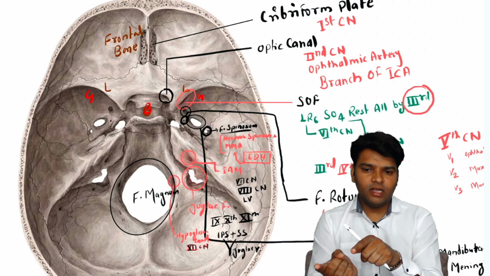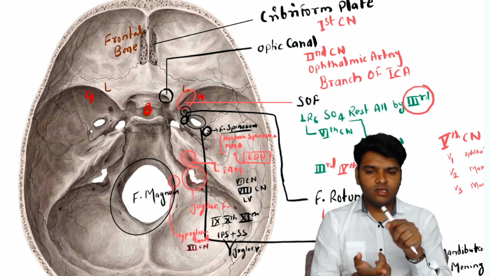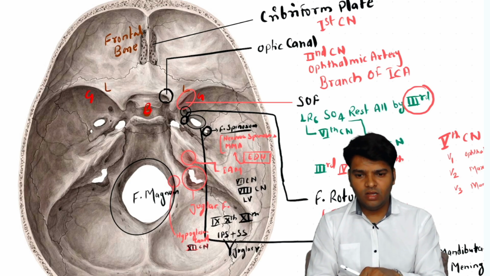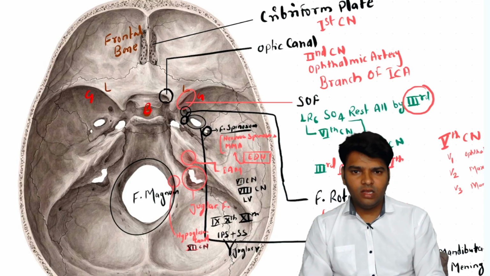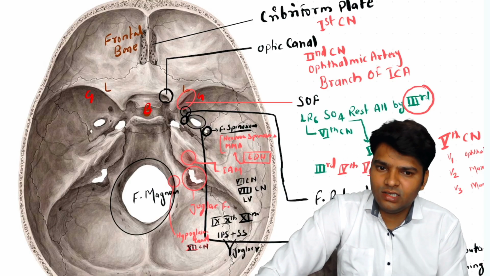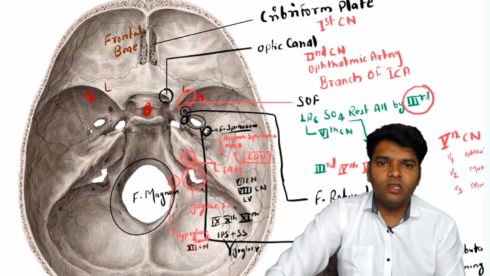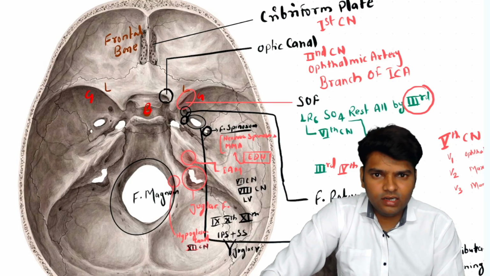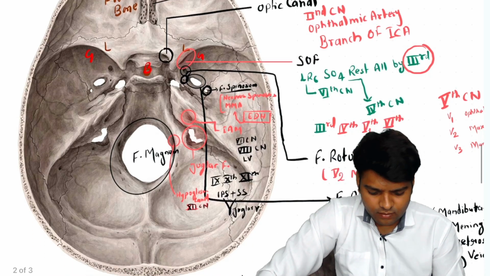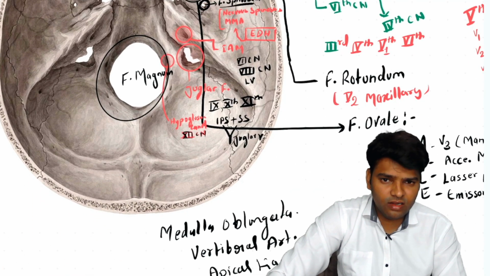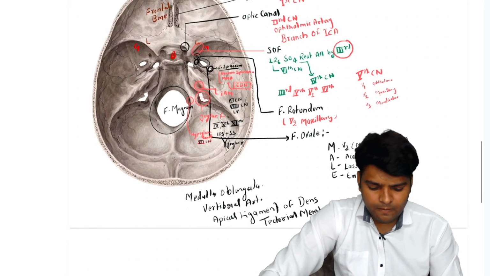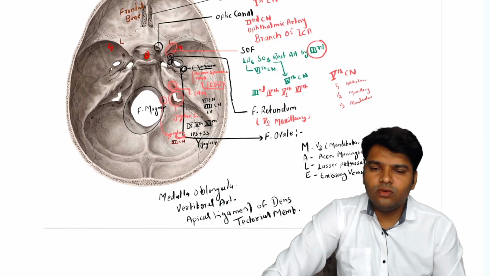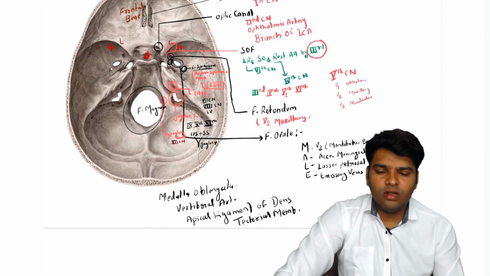What is the foramen magnum, the foramen ovale, the foramen spinosum, the foramen rotundum? Many image based questions are present, so you should be able to identify all the structures. That's why don't learn in table form, learn from the diagram.